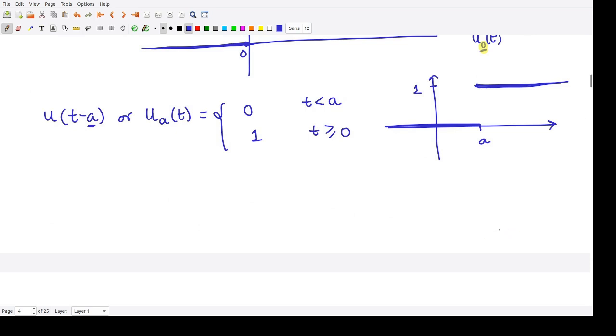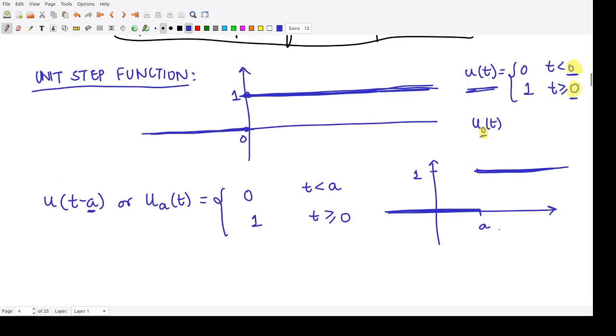So this is the unit step function. Why is this unit step function so important to study? Because in various situations when you have on and off conditions, you apply this function. Whenever you want your signal to be on, you place that at point 0, or I want after a units of time, I want the function to get started, otherwise I want this to be off.